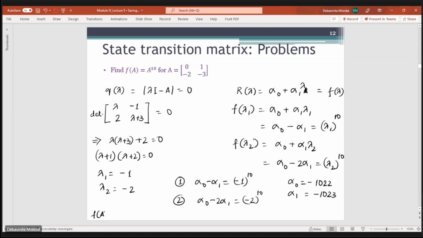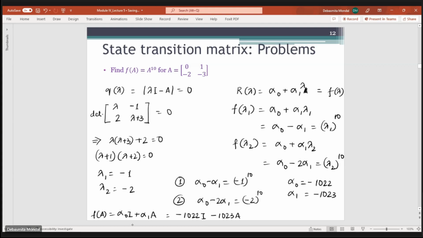So F(A) would be nothing but alpha 0 into I plus alpha 1 into A, right? So you can write minus 1022 into the identity matrix I minus 1023 into the matrix A.